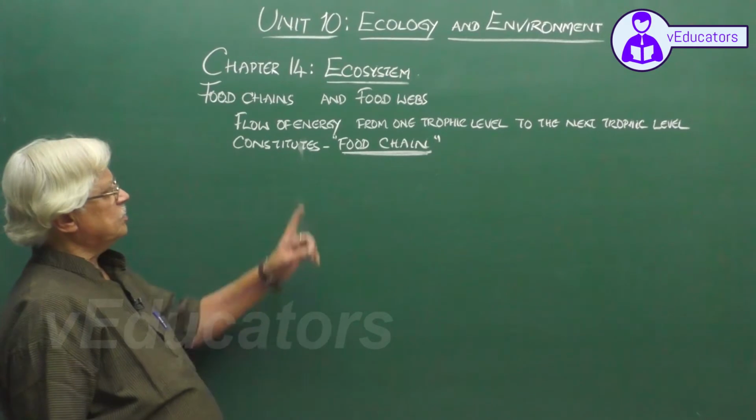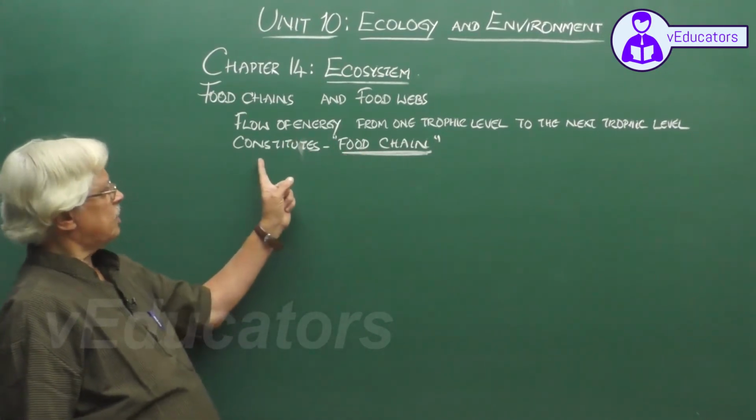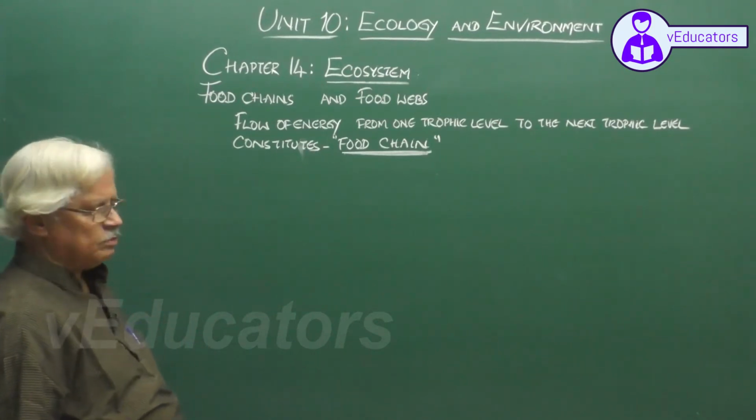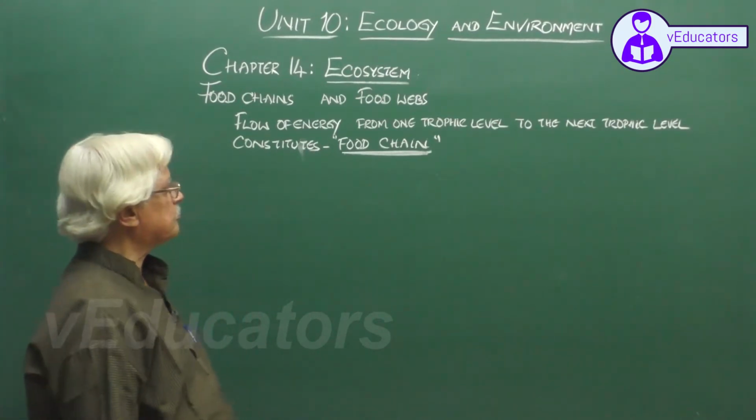So, transfer of food energy from one trophic level to the next trophic level in an ecosystem represents what is known as food chain.